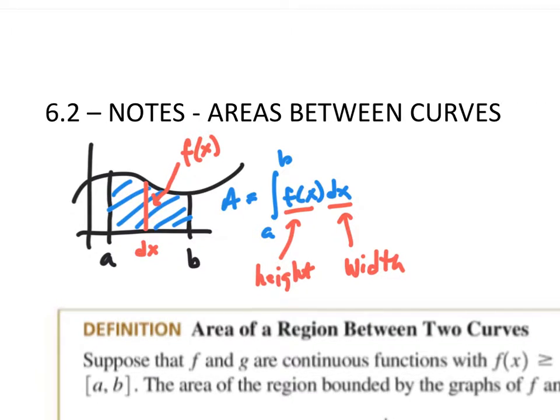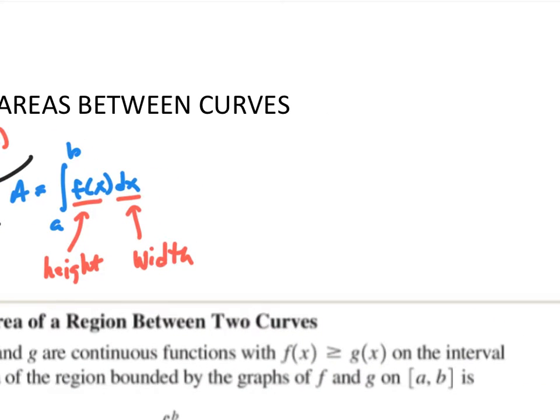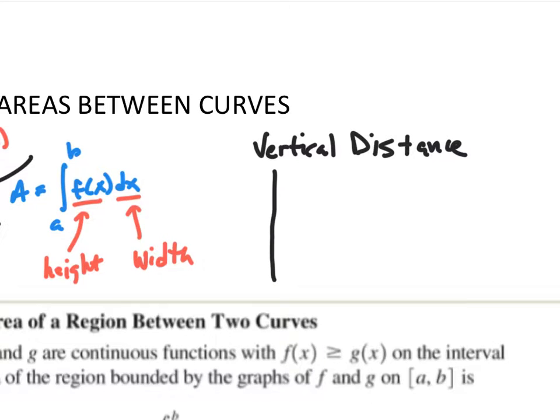So the first thing I want to do is talk about vertical distance. Okay, so vertical distance. What I like to think about is, I'm going to give you two different examples. Let's say I have a vertical number line here.